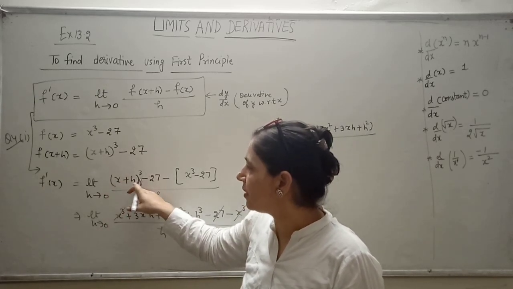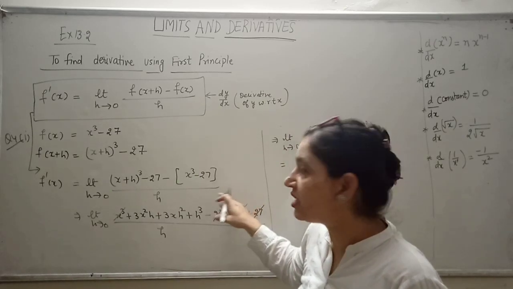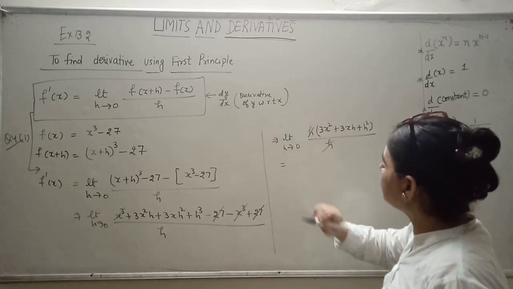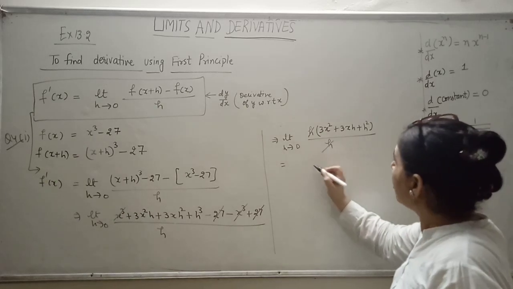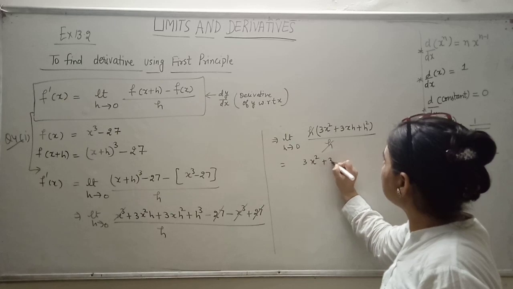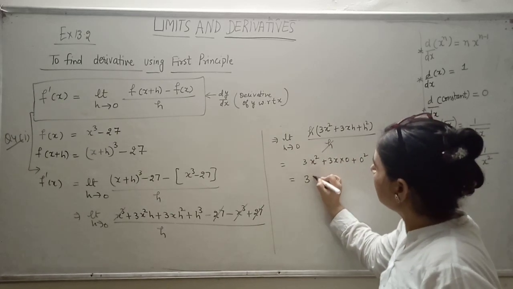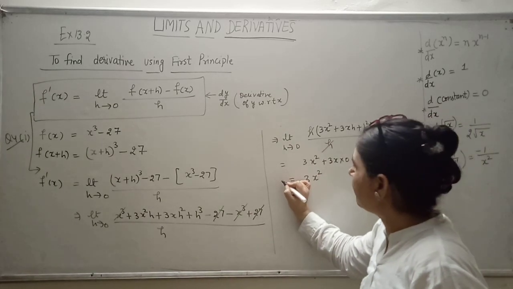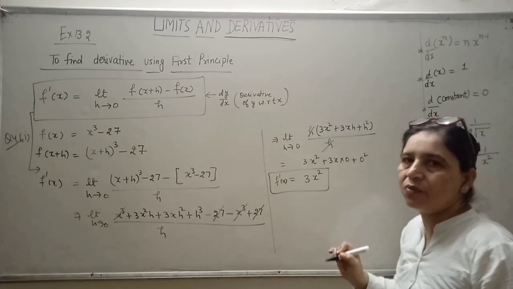Because if we put it directly, we get the 0 by 0 form. That's why I have expanded it. So now h is cancelled by h. The factor because of which we were getting the 0 by 0 form is cancelled. Now put the value of h. This is 3x square plus 3x into 0 plus 0 square. So we obtained 3x square. So our answer is f dash x is equal to 3x square.